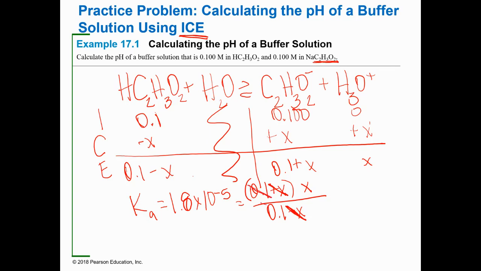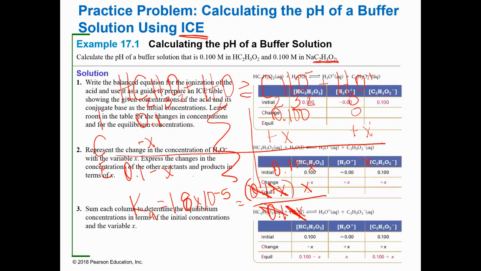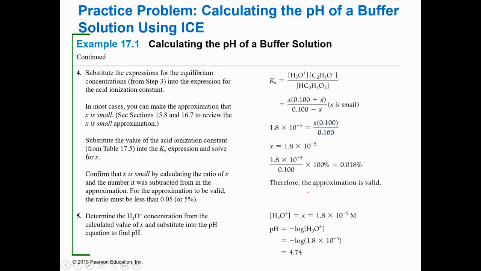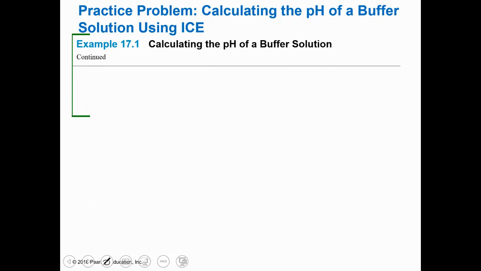And then if you look at this, the 0.1s will also cancel out. So x is 1.8 times 10 to the negative 5. And then if we find the pH, I get 4.74. And there's our answer at the bottom, 4.74. Okay, remember, plus x and minus x are so small, we cancel them out. That way we don't have to do our quadratic equation.